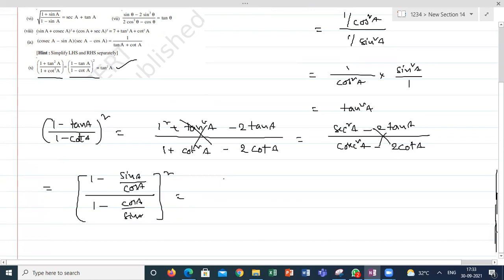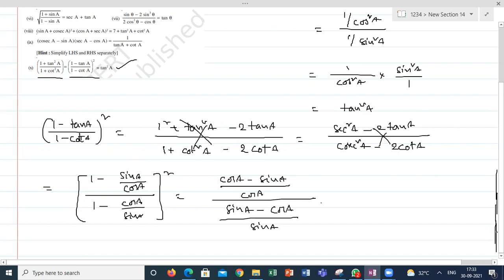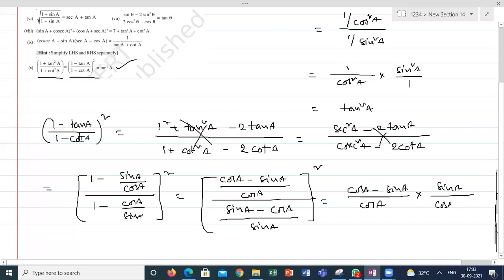This can be written as (cos A minus sin A) divided by cos A, and this will be (sin A minus cos A) divided by sin A. Cos A minus sin A divided by cos A into sin A divided by sin A minus cos A, whole square.